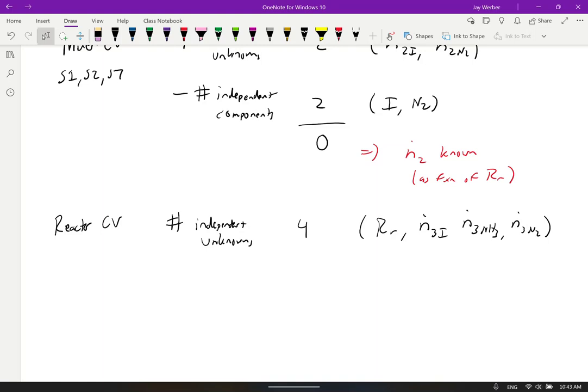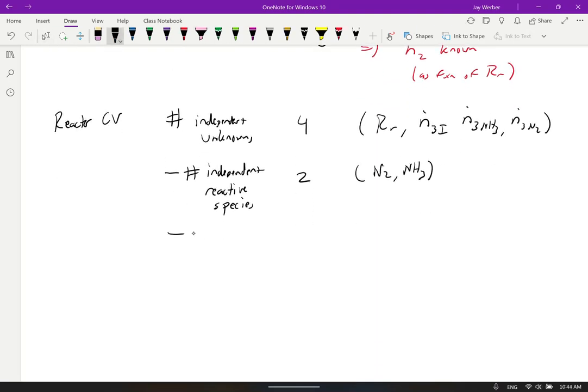We have how many reactive species? So the number of independent reactive species is just 2, right? So this is N2 and NH3.